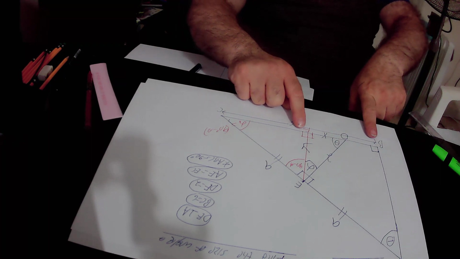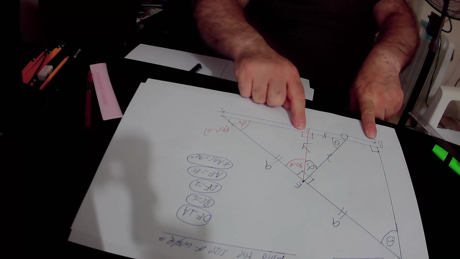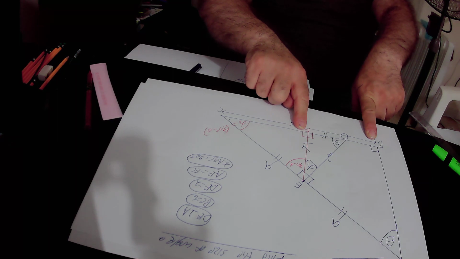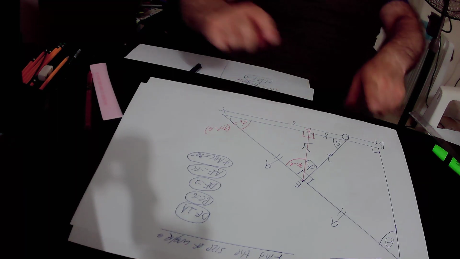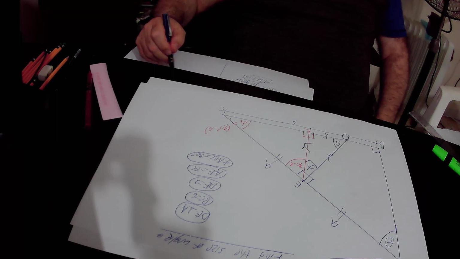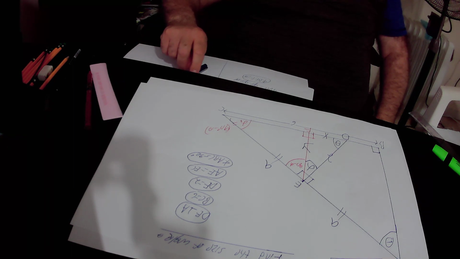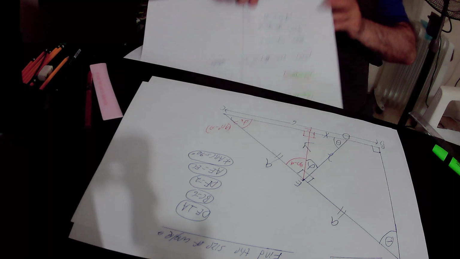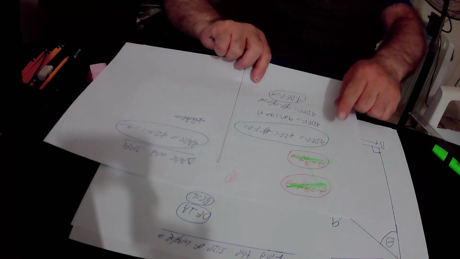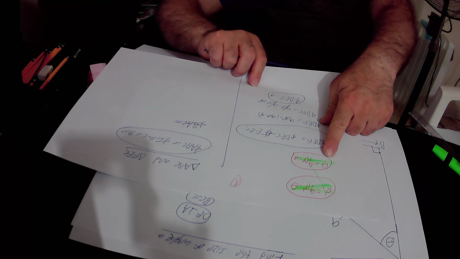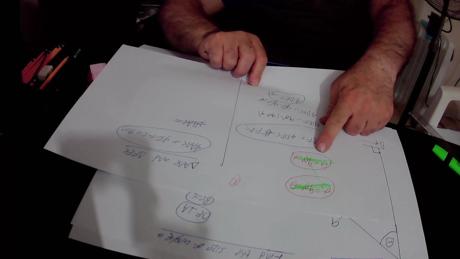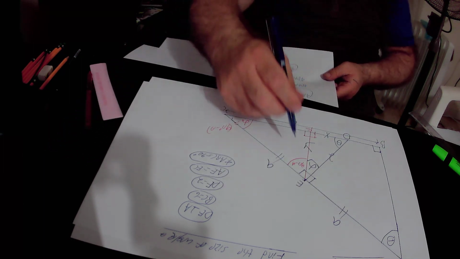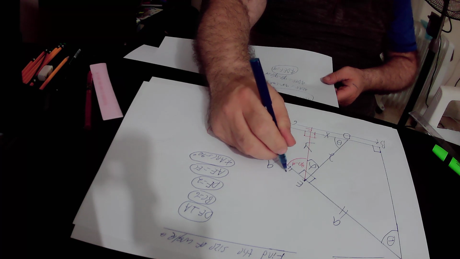So we found out that those two angles are equal to each other, they are both equal to 90 degrees. In the next step, we have already found out that 90 degrees minus alpha equals theta, so we can write down that this angle equals theta.